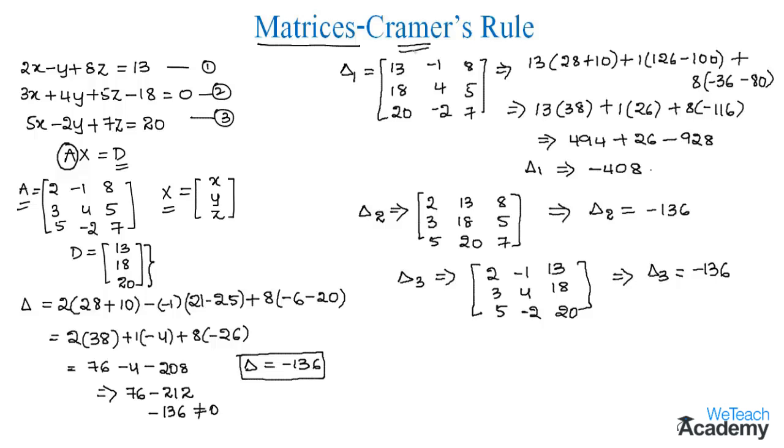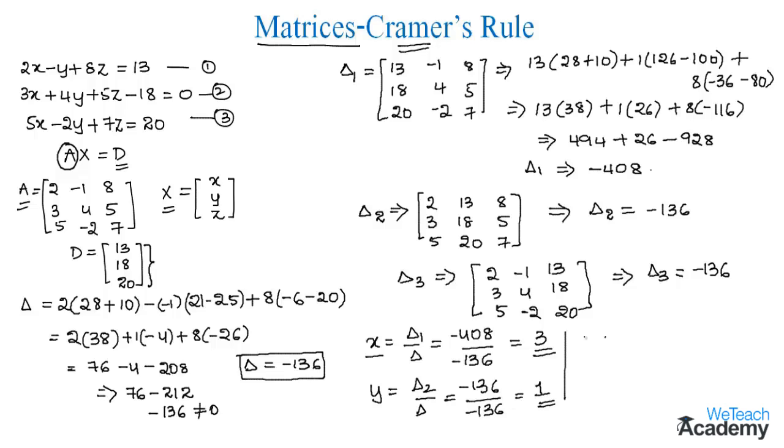According to Cramer's rule, the value of X will be equal to delta 1 divided by delta. By substituting the values, we get minus 408 divided by minus 136, and by solving, we get 3, which is the value of X. Similarly, the value of Y will be equal to delta 2 divided by delta, that is minus 136 divided by minus 136, and by simplifying, we get 1 as the value of Y. The value of Z will be equal to delta 3 divided by delta, so by substituting, we get minus 136 divided by minus 136, which is equal to 1.